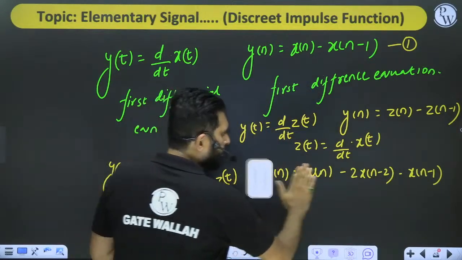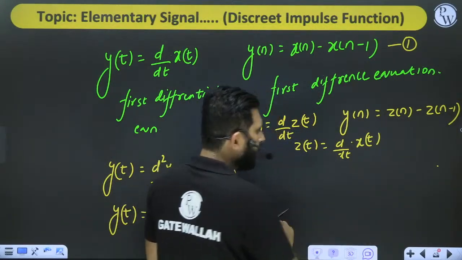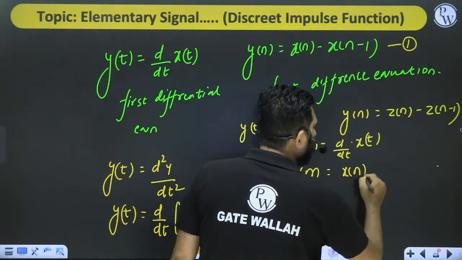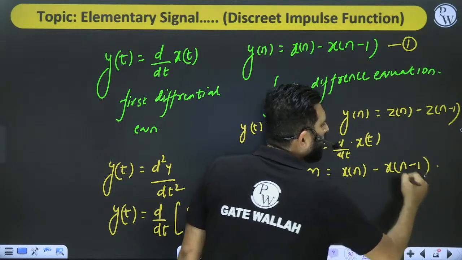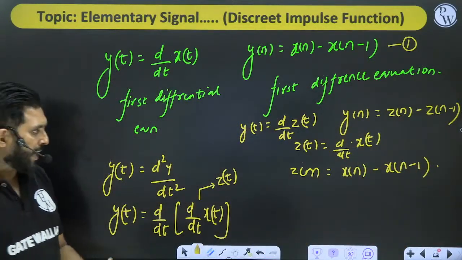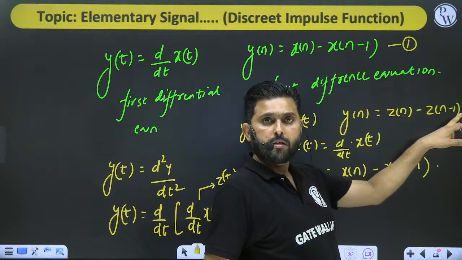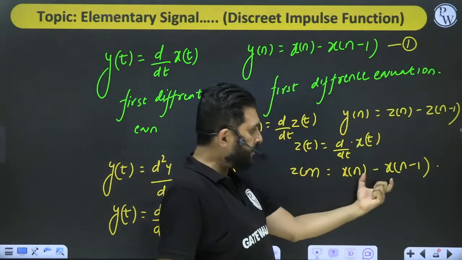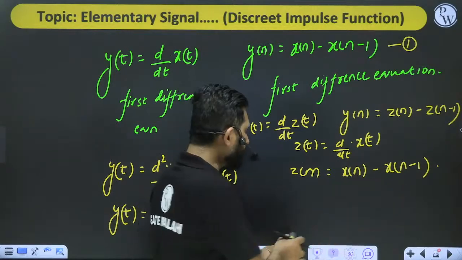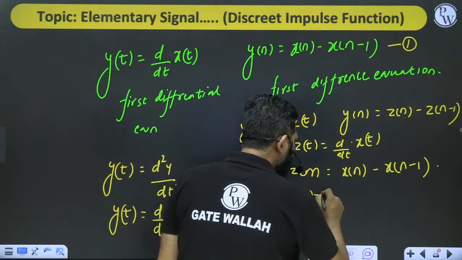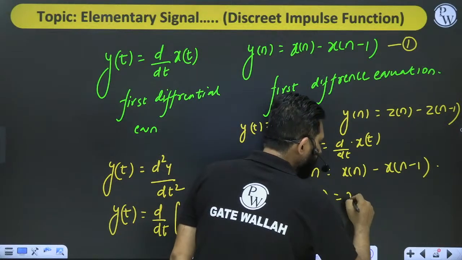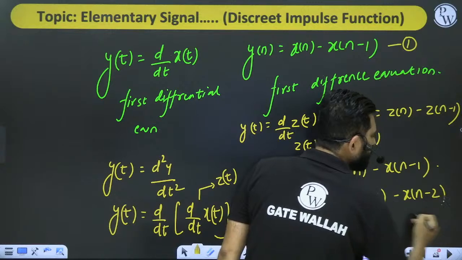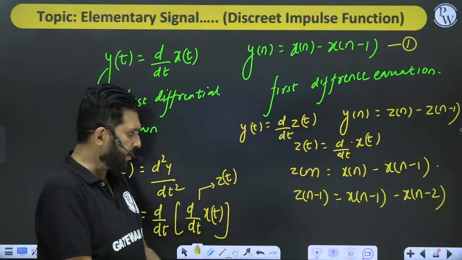This means that z[n] is x[n] minus x[n minus 1]. But I want z[n minus 1] also, if you want to write in terms of y[n]. z[n] is this. What is z[n minus 1]? It is simply x[n minus 1] minus x[n minus 2], shifted by minus 1. That's what the meaning is.